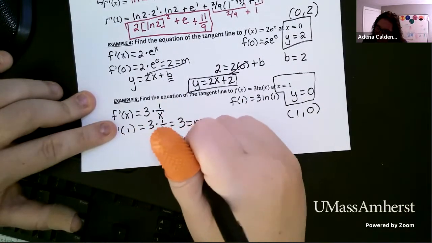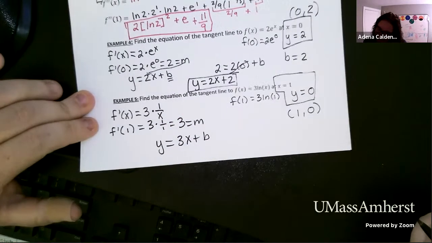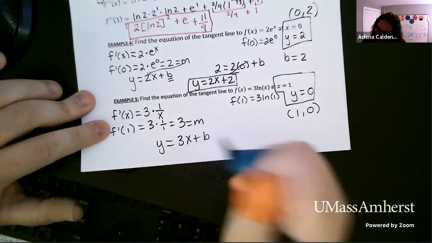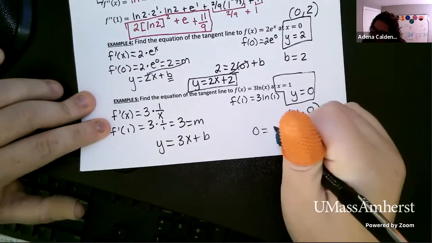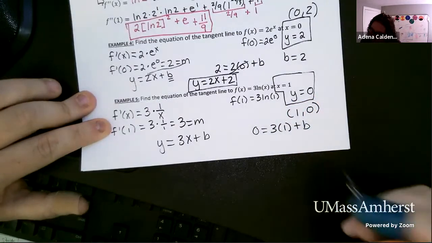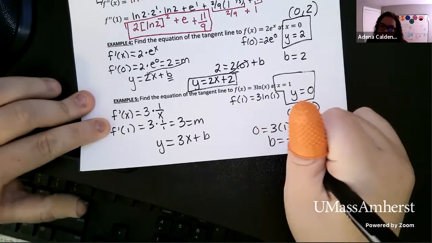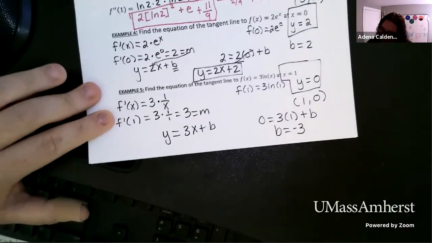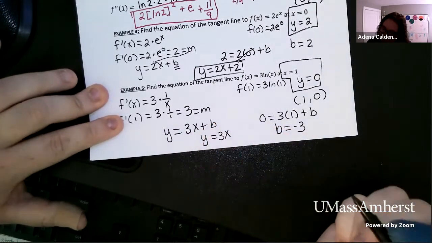So I have y equals 3x plus b. So here, to solve for b, I'm going to plug in my point. So I have 0 equals 3 times 1 plus b. I need to subtract the 3 over, and I get b equals -3. So the final equation of my line is y equals 3x minus 3.